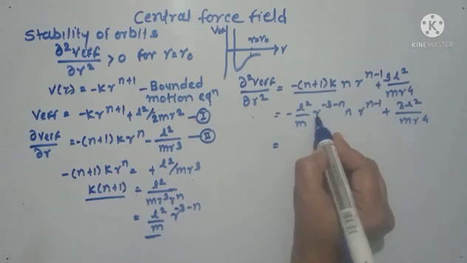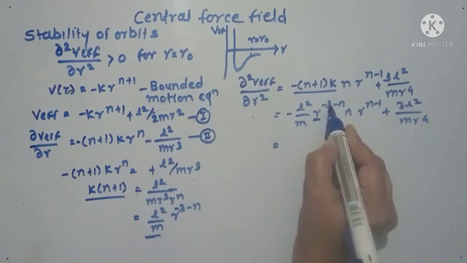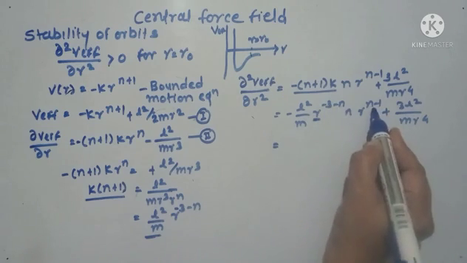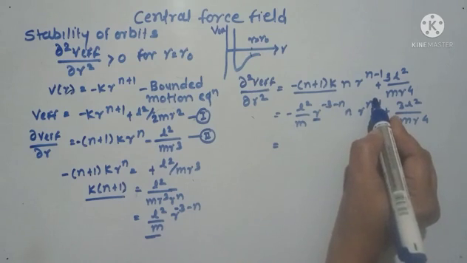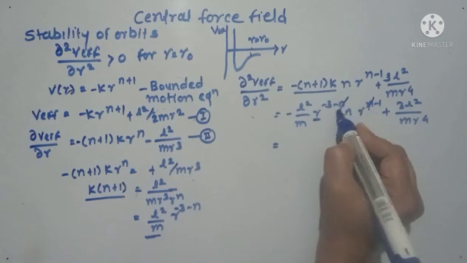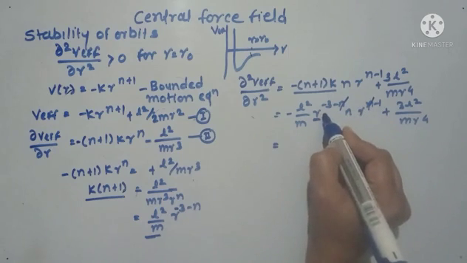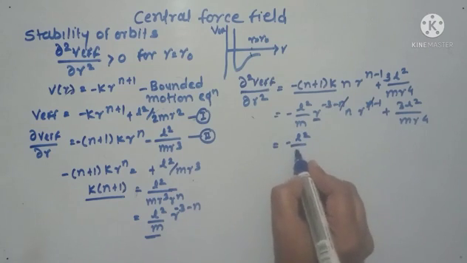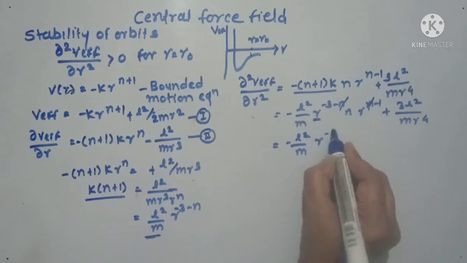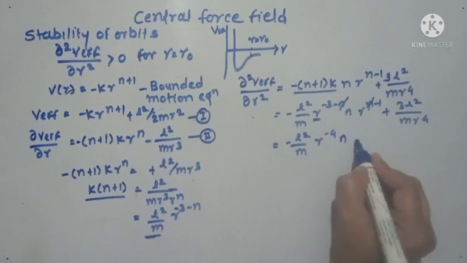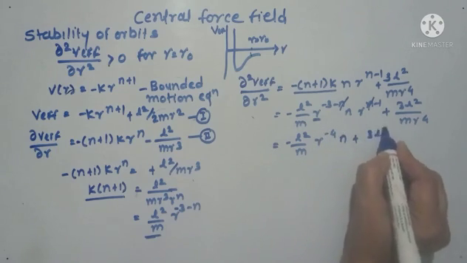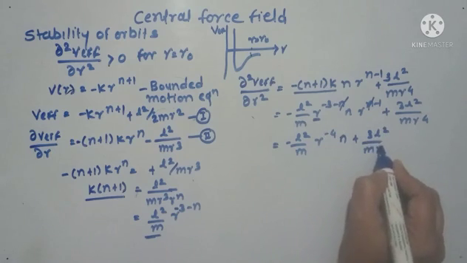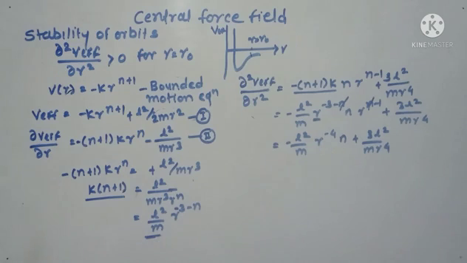Now the r raised to minus 3 minus n and r raised to n cancel, and we are going to get minus n L square upon m r raised to minus 4, plus 3 L square upon m r raised to 4.